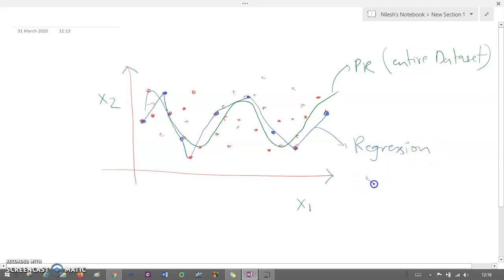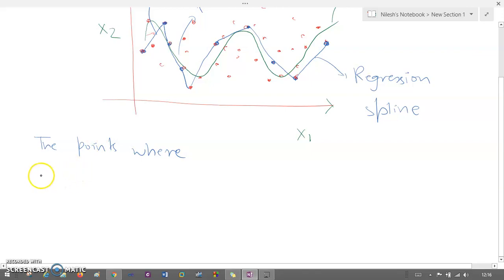The complete regression spline consists of small polynomial regressions. So this could be polynomial regression 1, this could be polynomial regression 2, and so on. Okay, and the points where the division occurs are known as nodes.